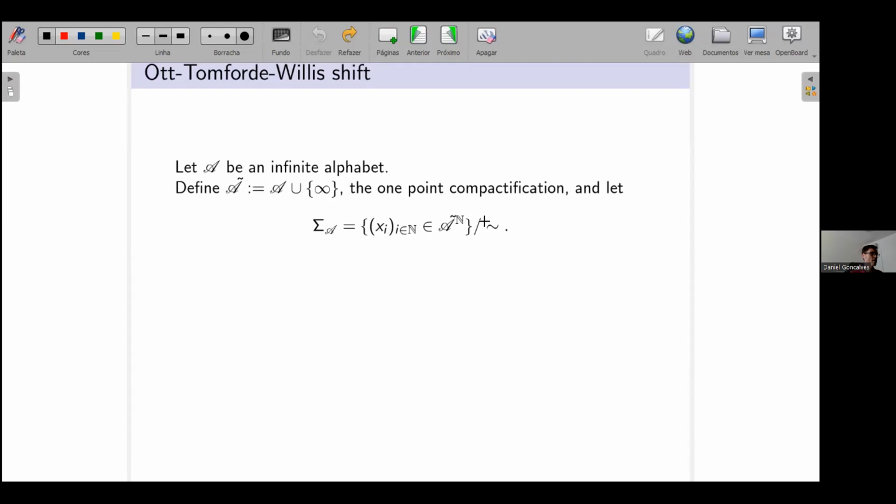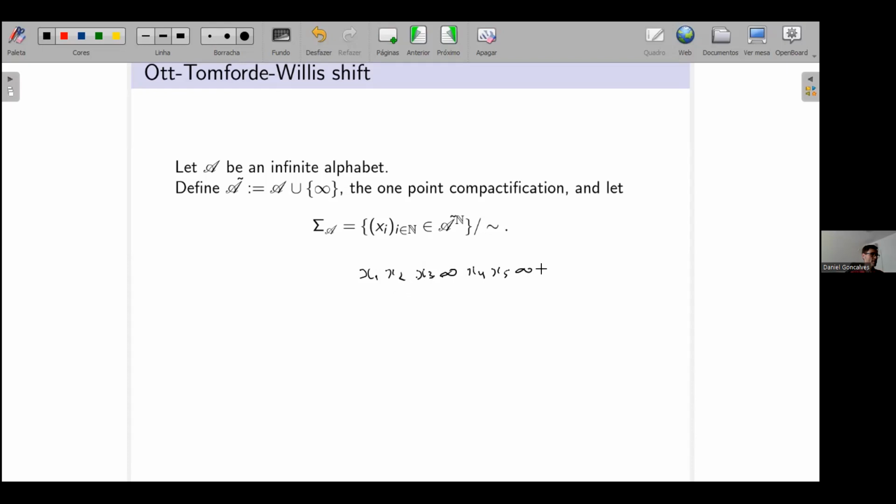So we put an equivalence relation where, in the sequences, if I have x1, x2, and the symbol infinity does not appear, then the equivalence class is just itself. We don't do anything. But if I have a sequence where some infinity symbols appear, say x1, x2, x3, infinity, x5, and so on, we cut at the first infinity that appears.